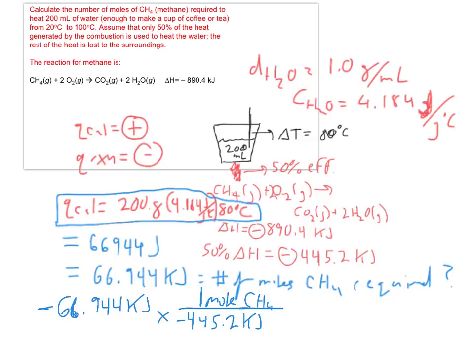And when in doubt, you can't have a negative mole. So you can't have a negative mass, so those signs would cancel out anyway. But if I do that math, you would need 0.150 moles of methane. That's how much methane gas you would have to burn at 50% efficiency to get a cup of coffee or tea going.